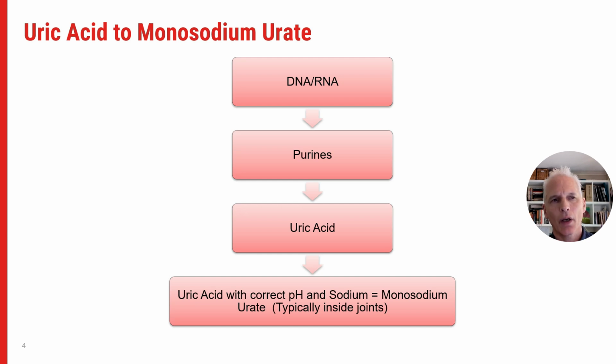So again, we are breaking down DNA and RNA from various tissues into their components of purines. That then gets broken down into uric acid, and when uric acid floats into the tissues, it can attach to sodium and form monosodium urate, which can then crystallize.